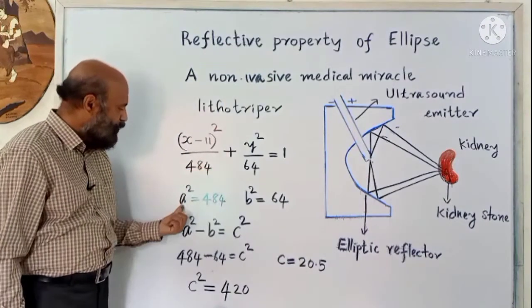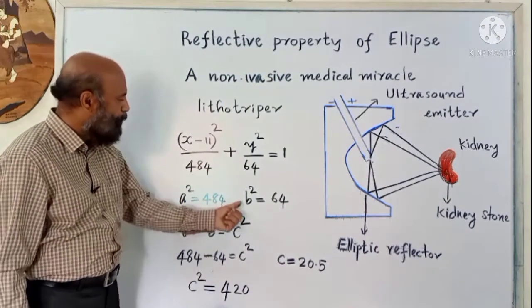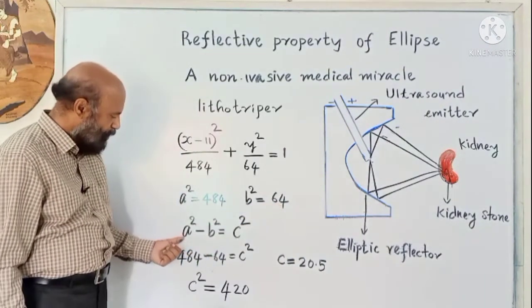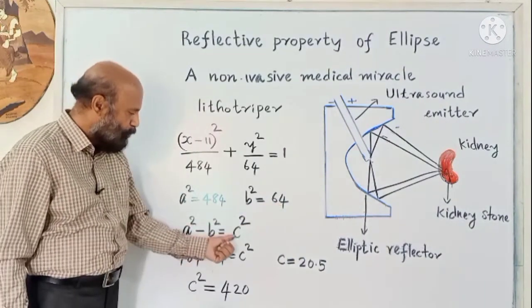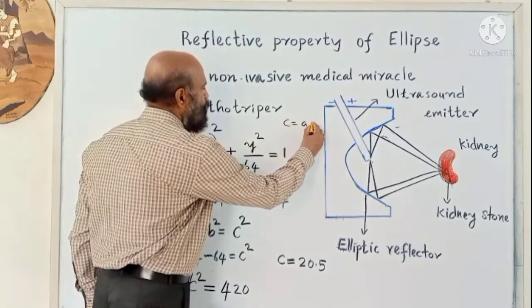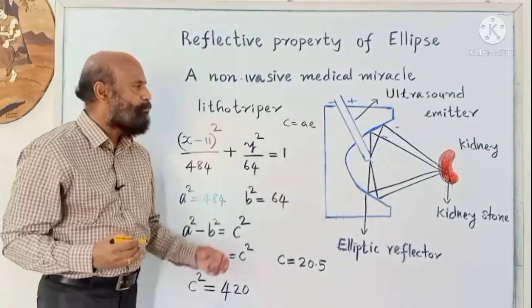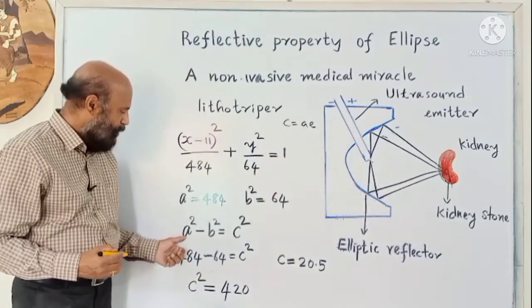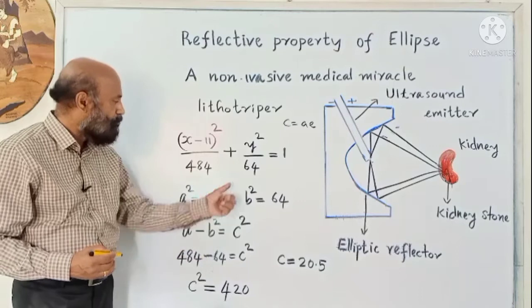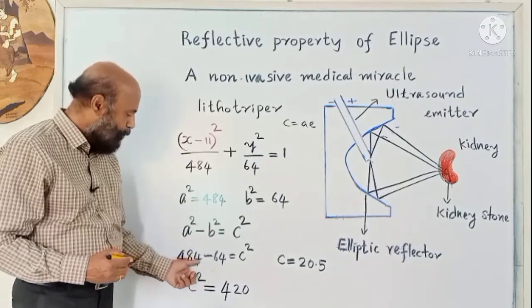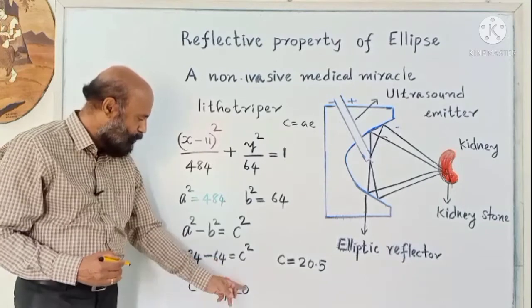Now a square is 484, b square is 64. Then there is a relation, a square minus b square is equal to c square, where c is AE. So we have to get the position of the focus. 484 minus 64 is 420, so we are getting c square.